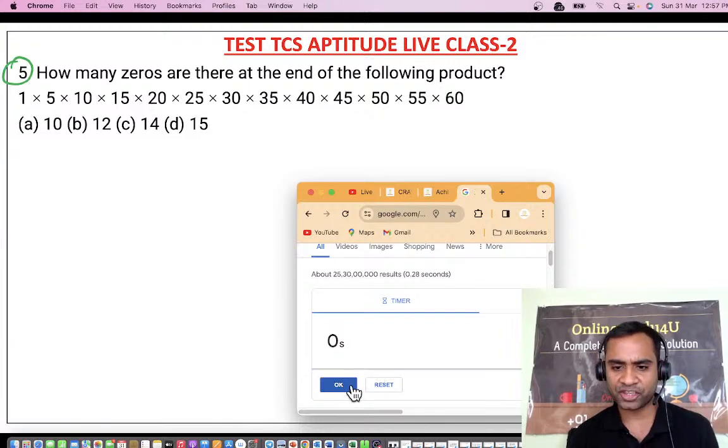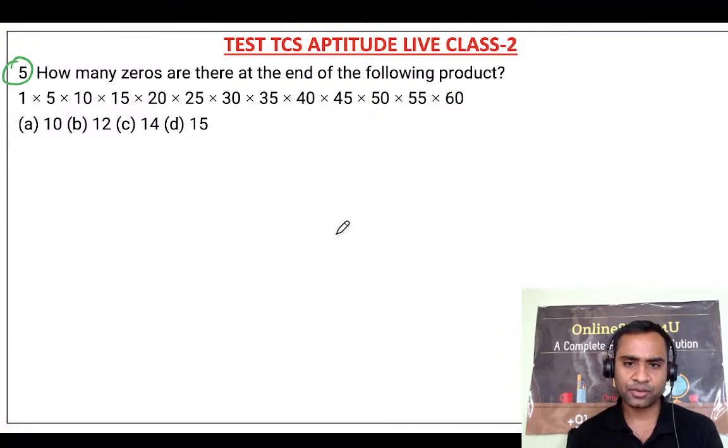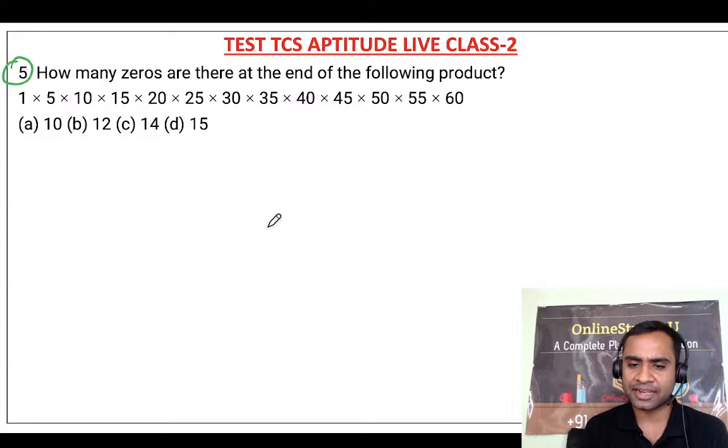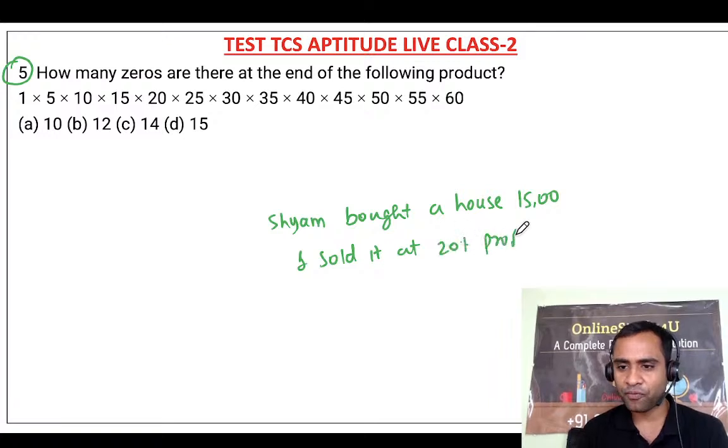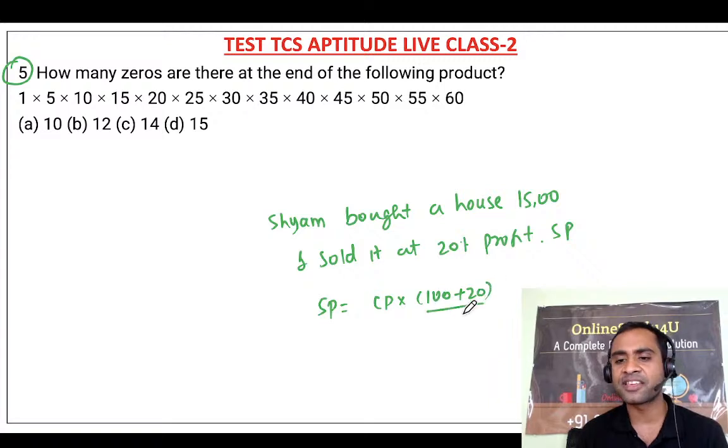If somebody is expecting questions like this, Sam bought a house at 1500 and sold it at 20% profit, find his selling price, then we are not going to do that, because the level of TCS is very good.